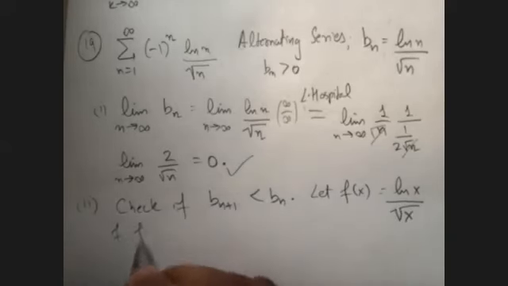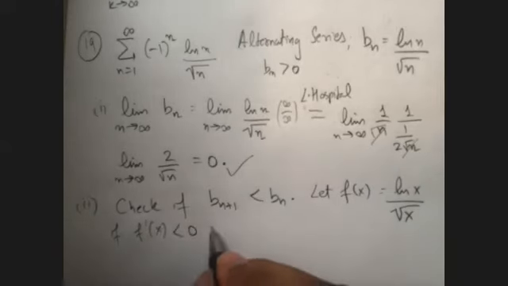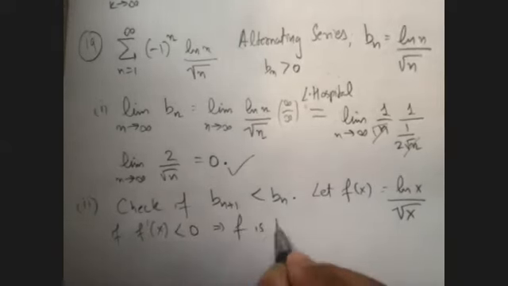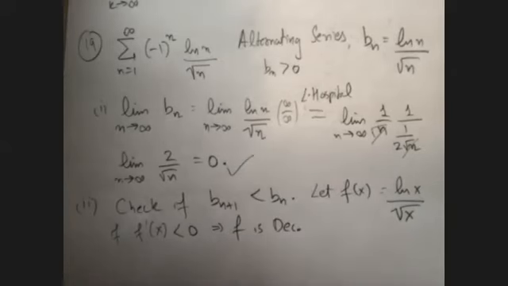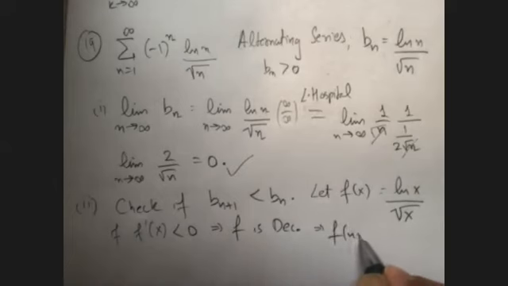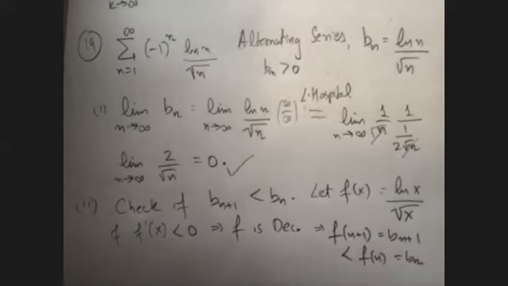Now if f derivative of x is less than 0, this means f is a decreasing function, and that would mean f of n plus 1, which is Bn plus 1, is less than f of n, which is Bn.